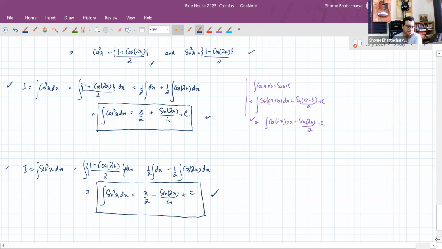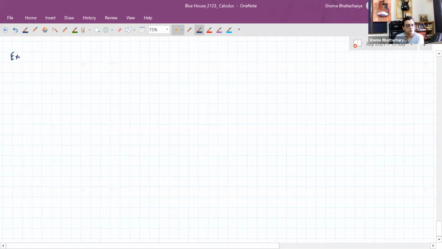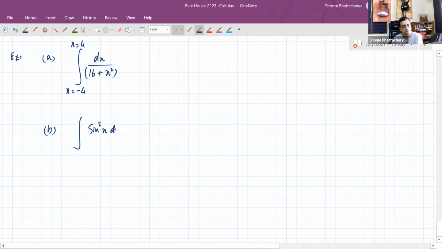Okay, so let's practice these integrals a little bit in context of definite integration also. So just try out these three integrations.